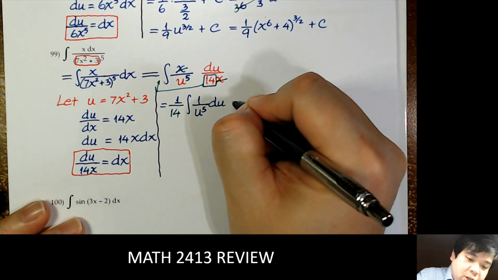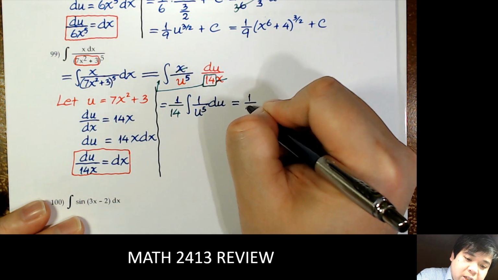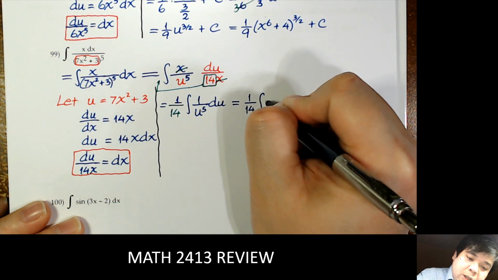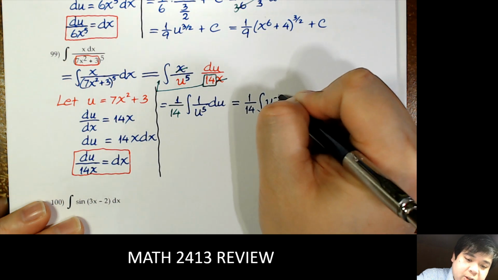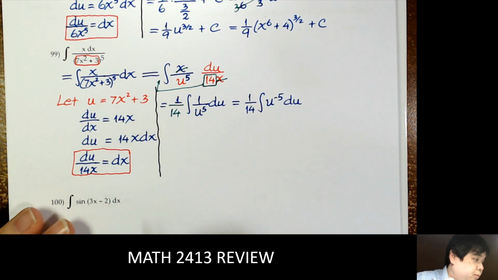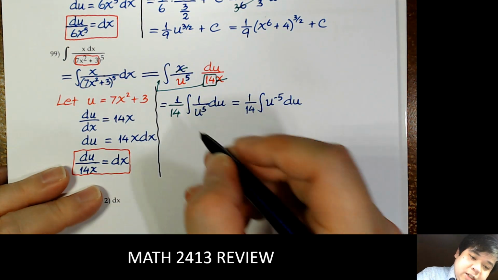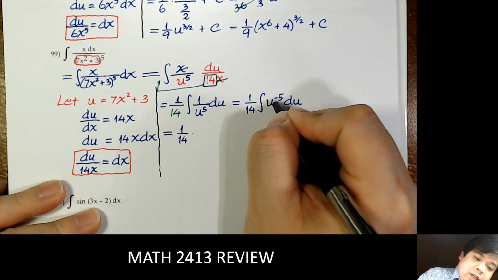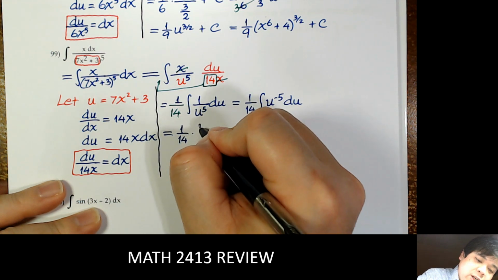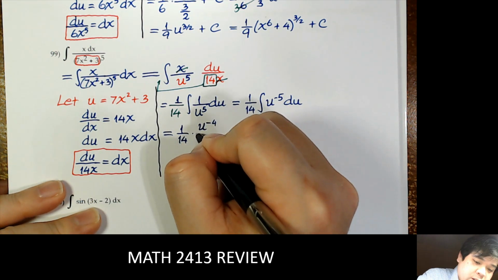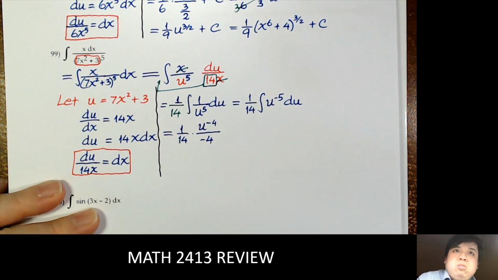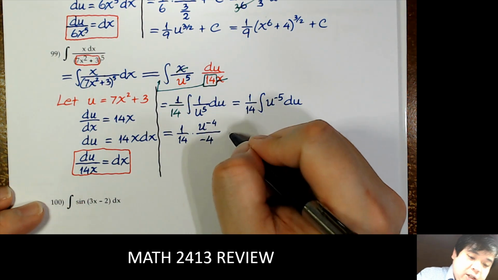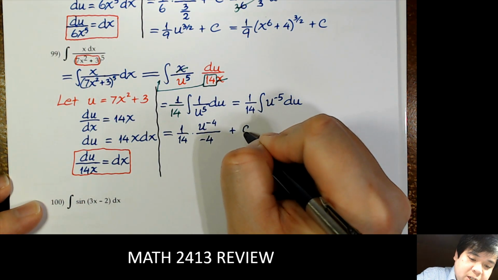Right. To integrate that, we write u to the negative 5 du, and integrate 1 over 14 u to negative 5 plus 1 is negative 4 divided by negative 4. So that's just the power rule there, and then plus c.